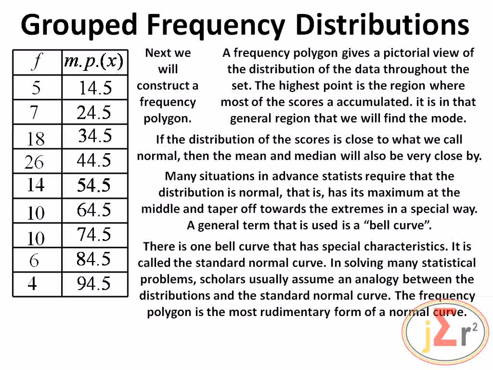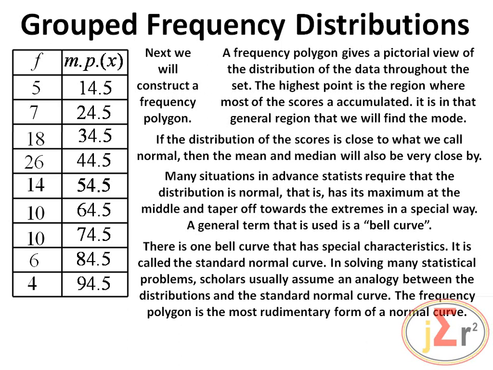And of course, we have a standard normal curve, which we will take a look at in more advanced work in statistics. Statisticians, in order to make calculations, make predictions and also to classify members in a data set, use the normal curve, and they assume that the data that they have is analogous to a standard normal curve.